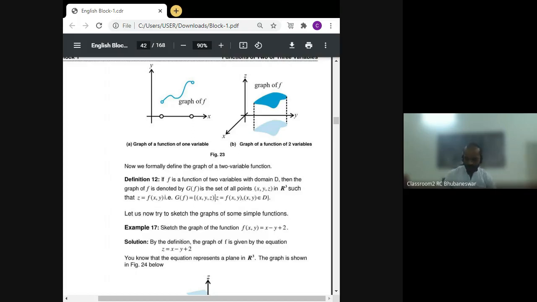That means how we can calculate if the function contains two variables or three variables. That means the calculation procedure and definition of the limit of this kind of real valued function of two and three variables.